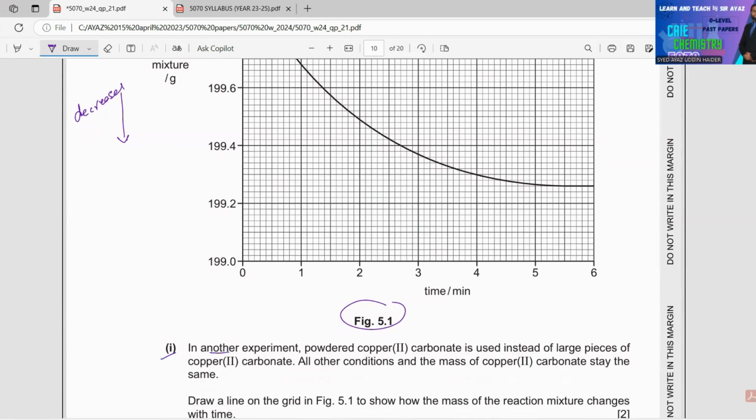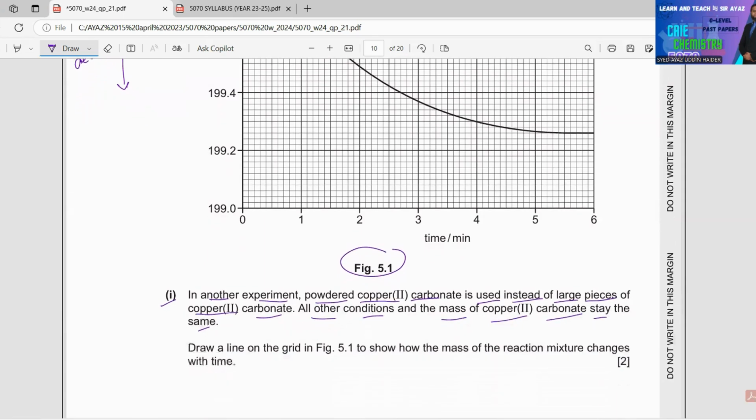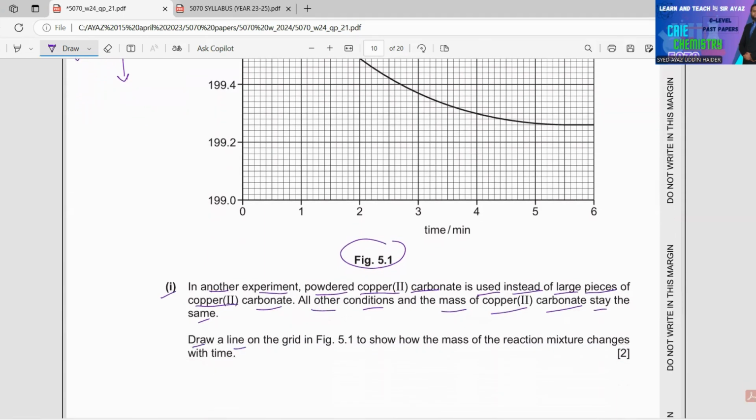Number 1, in another experiment, powdered copper 2 carbonate is used instead of large pieces of copper 2 carbonate. All other conditions and the mass of copper 2 carbonate stay the same. Draw a line on the grid in figure 5.1 to show how the mass of the reaction mixture changes with time.